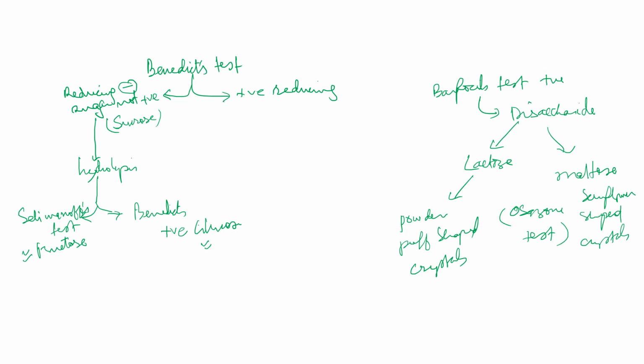Actually, osazon test is given positive by all reducing sugars. So these are the reducing disaccharides, and reducing monosaccharides like glucose, galactose, fructose, and mannose.